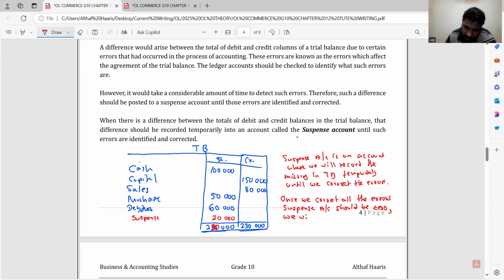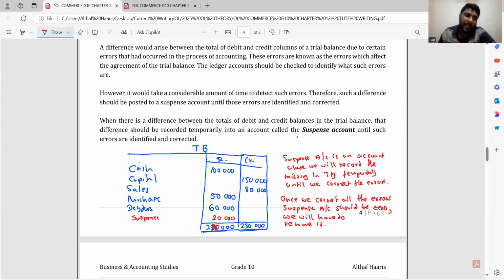We will have to remove it. It will become 0 after we correct all the errors. Once you correct all the errors, your suspense account should be 0.